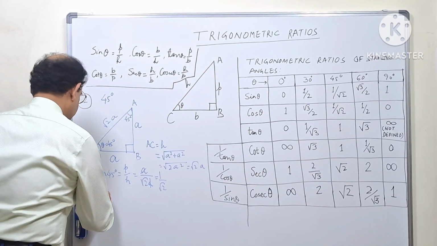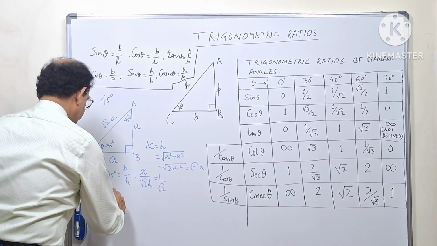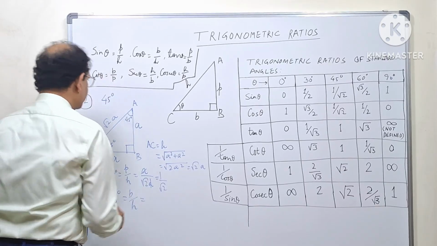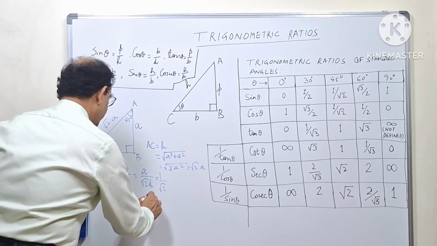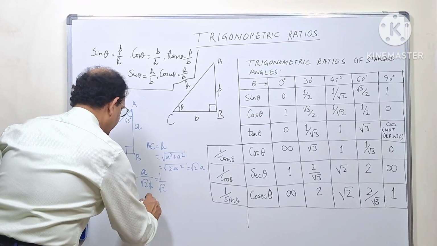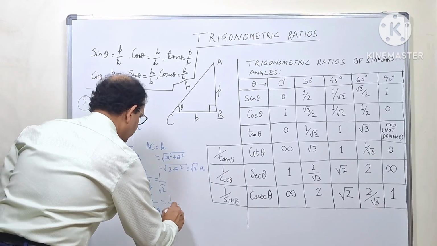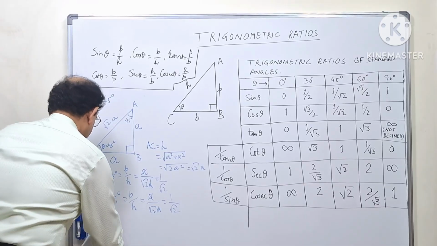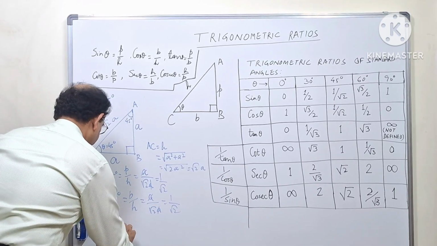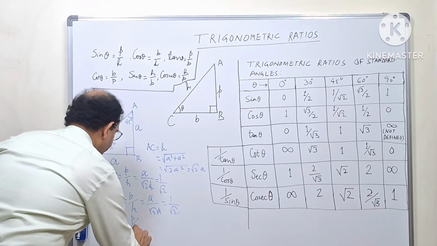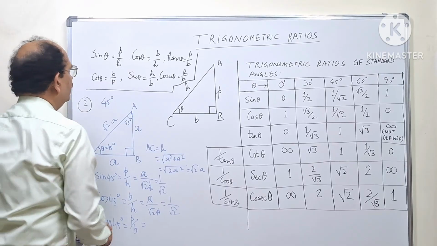Let's talk about cos 45. Cos 45 will be equal to base upon hypotenuse, and our base is also A. Hypotenuse is root 2A, so A cancels, this becomes 1 upon root 2. Let's calculate tan 45. Tan 45 is equal to perpendicular by base per definition.